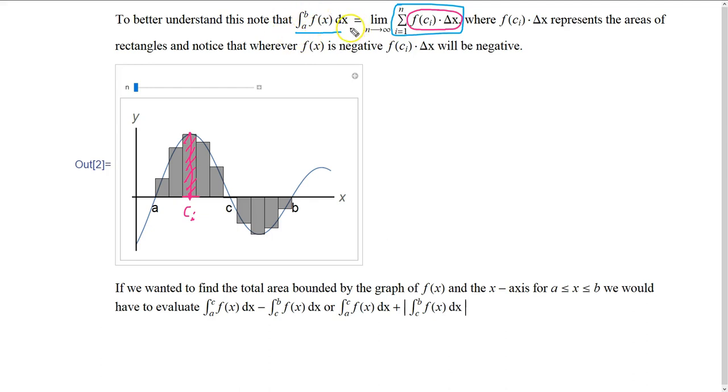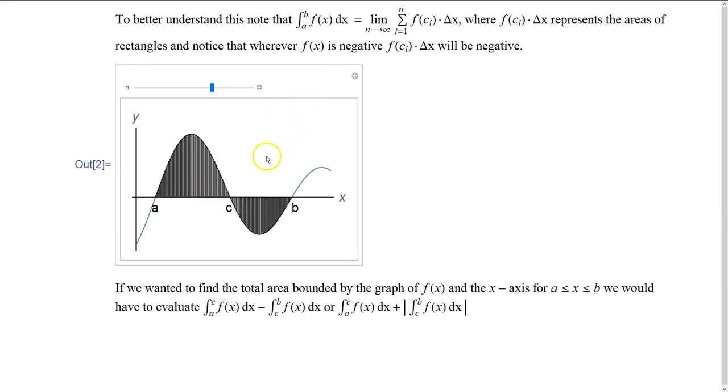And you interpret that as being the sum of the signed area between the graph of the function and the x-axis. For example, graphically here, you notice if we let n go to infinity, you notice how the areas of the rectangles are filling in the area bounded between the graph of the function and the x-axis.